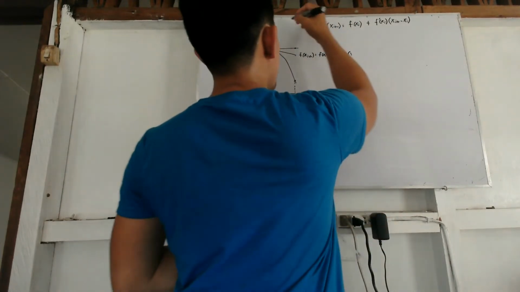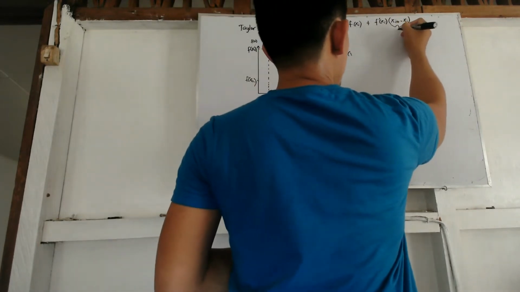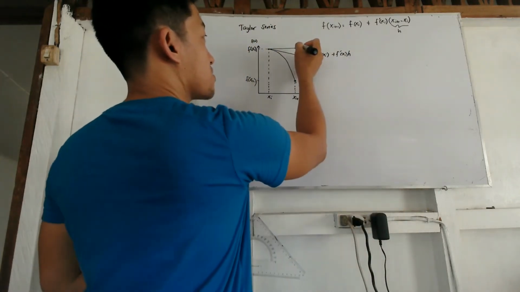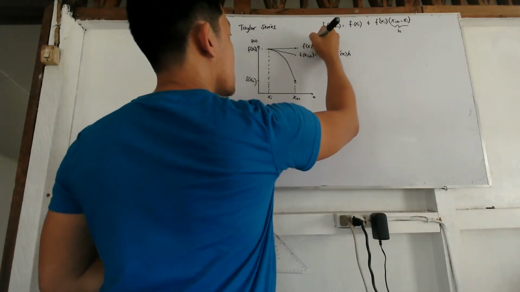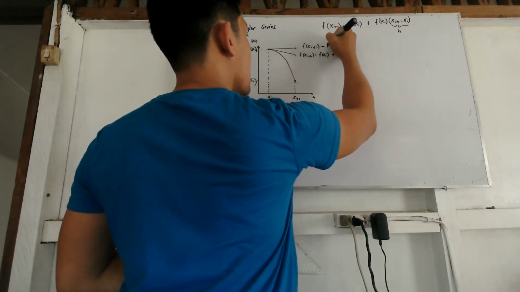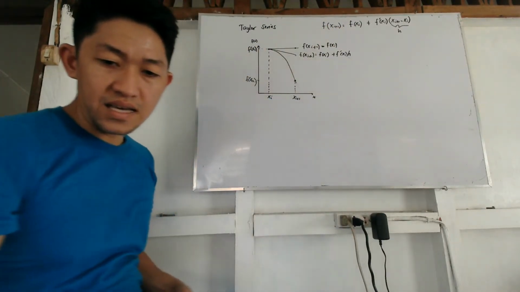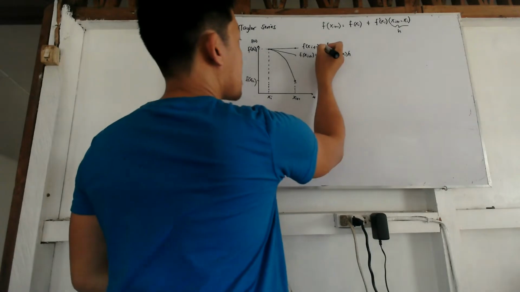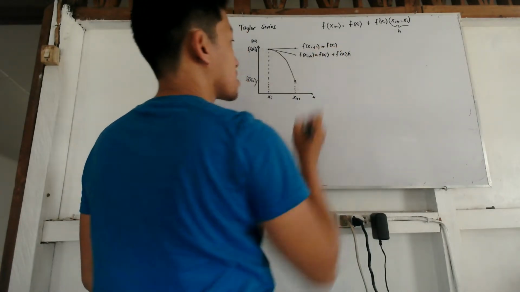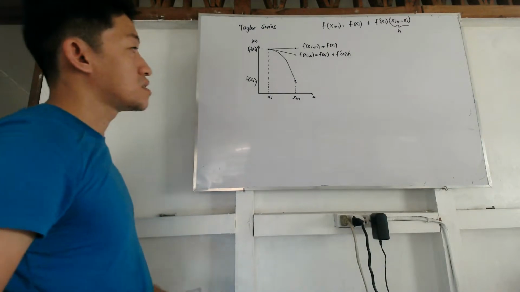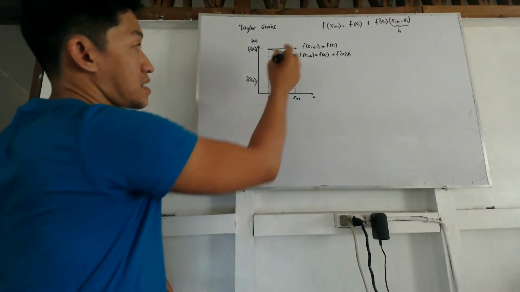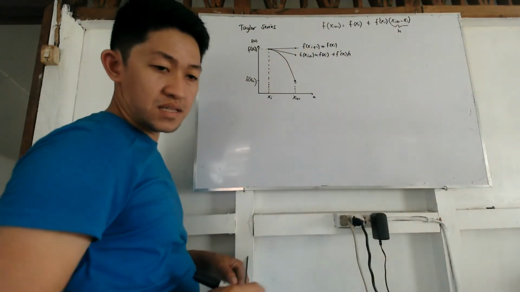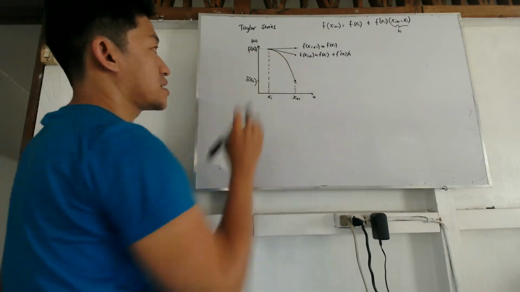By the way, we'll let this term be equal to h. So, it becomes h. And this one is the approximation, because that is an approximation. So what we observe is as we increase the terms around here, the error becomes smaller.